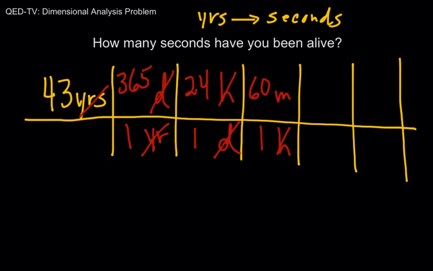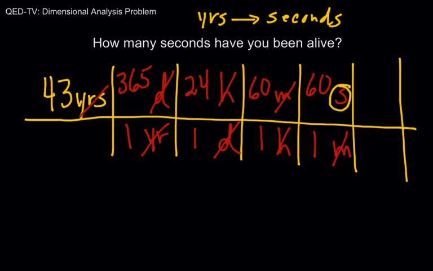But if you don't know it, you don't know it. You just break it down. So I don't want to be in minutes, so I put minutes on the bottom, and I put seconds on the top. And in 1 minute, there are 60 seconds. I can cross off minutes, and I can finally say, aha, there's the unit I've been looking for, so I know that I'll be done. I'm converting it to seconds.